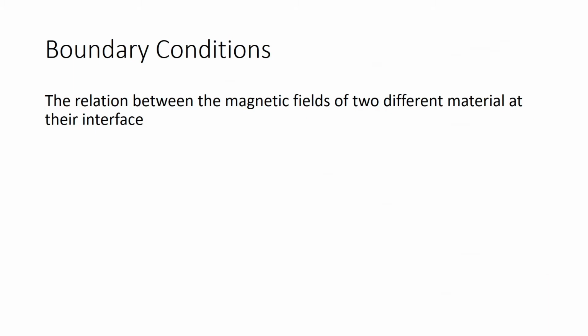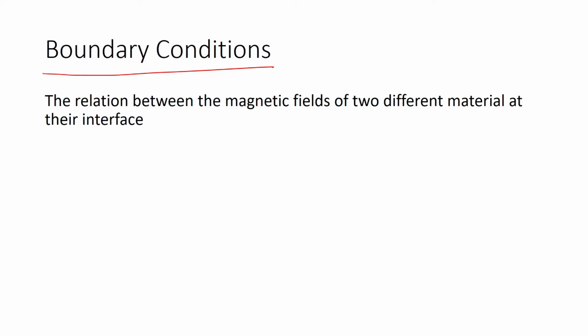So now, after discussing the magnetic flux density and magnetic field intensity, similar to what we have done in case of electric field intensity and electric flux density, we have discussed something called boundary conditions. Here also, we will discuss the boundary conditions.